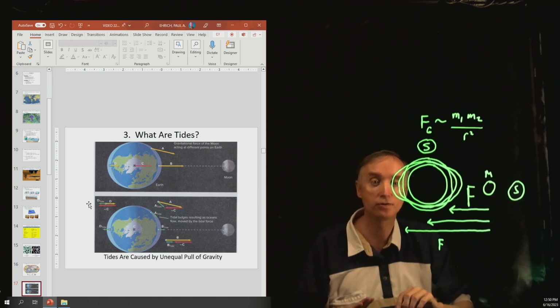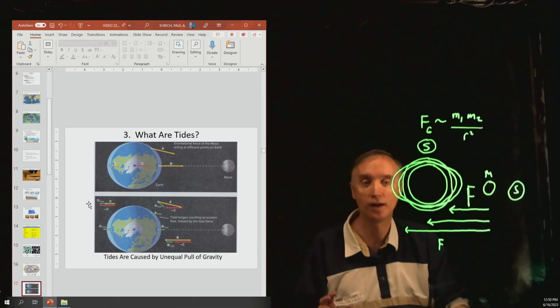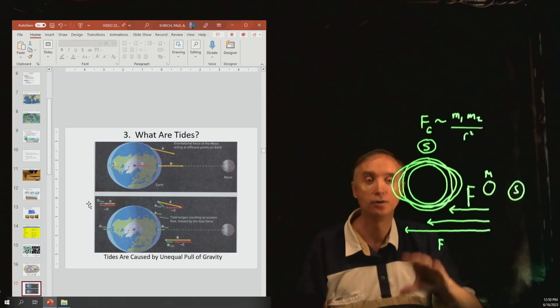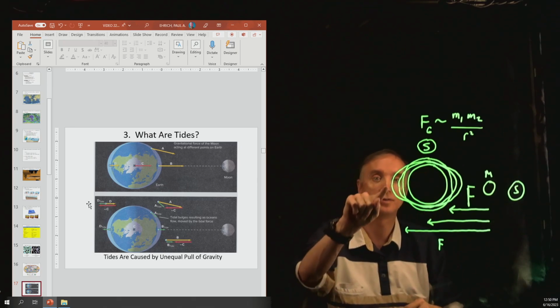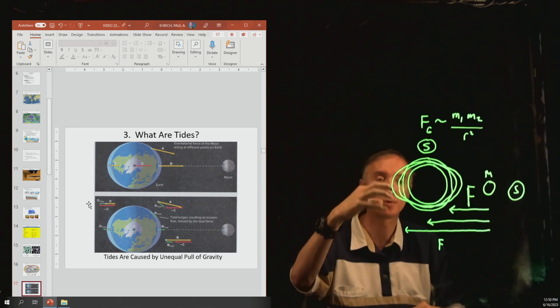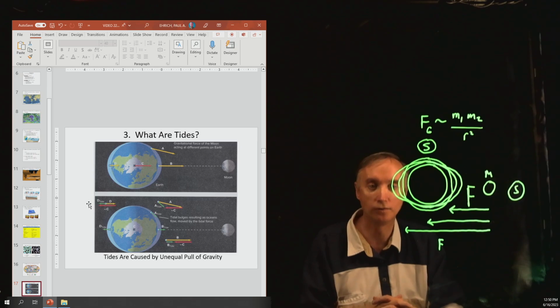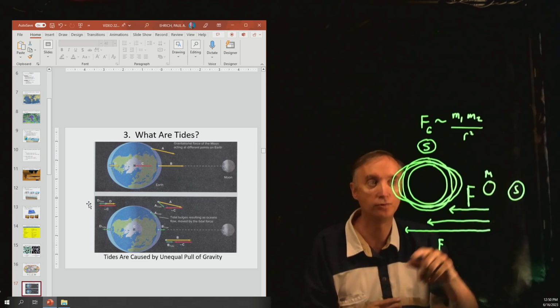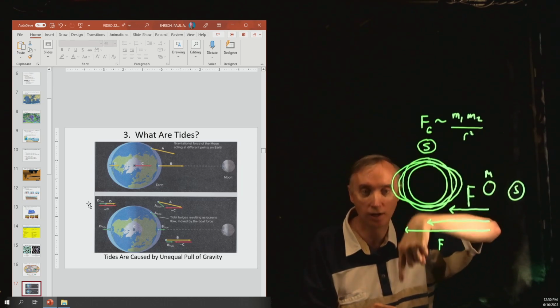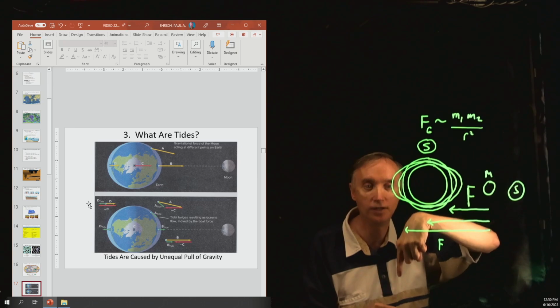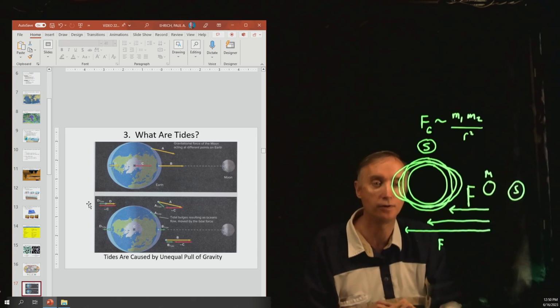But you're also going to have a high tide 12 hours later when the Earth rotates around. So you're going to have a high tide approximately every 12 hours because of the rotation of the Earth. The moon could either be directly over your head, or directly underneath your feet on the opposite side of the Earth, and either way, it's going to produce a high tide.